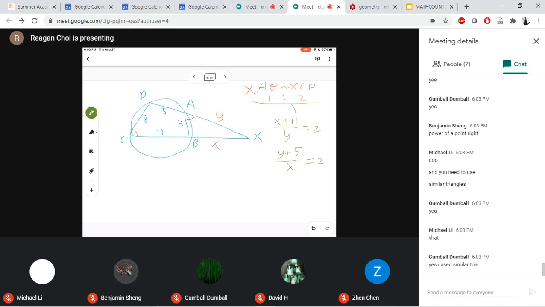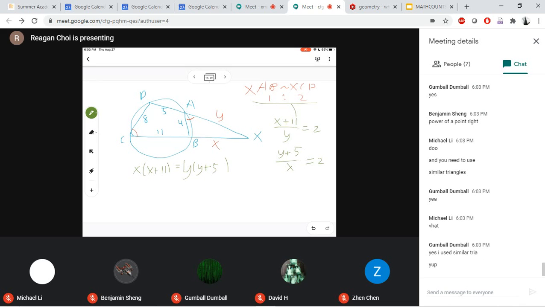You can also get x times (x plus 11) equals y times (y plus 5), and that's just a result of multiplying these two equations together. It turns out these two equations are simpler. I thought we would need power of a point, I guess we don't. So x plus 11 equals 2y, and y plus 5 equals 2x.